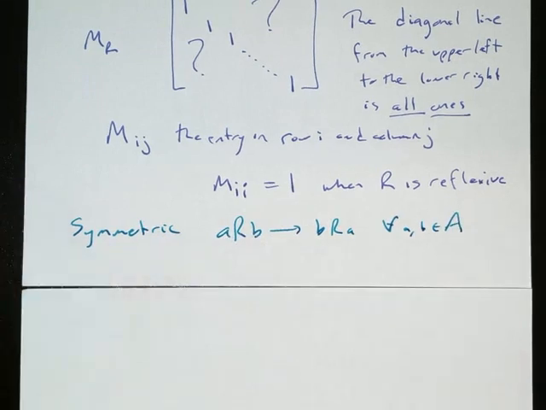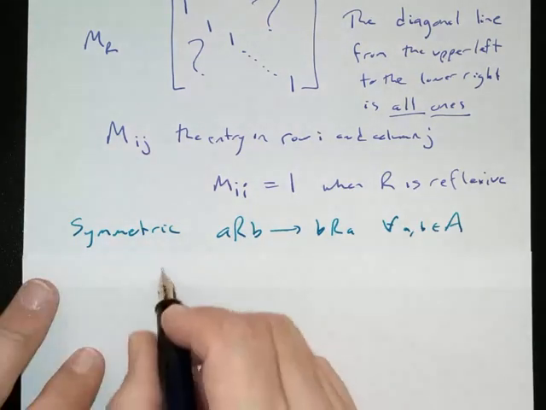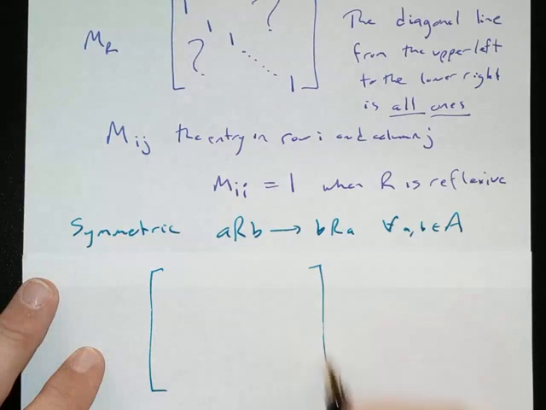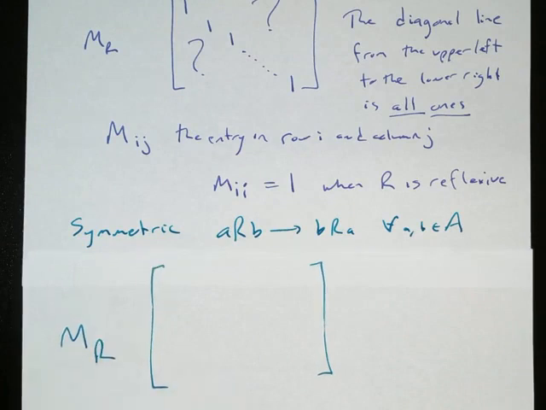And that's got to be true for every pair, right? So here's a matrix for the relation. Let's suppose that we have a symmetric relation. Somebody give me a row number and a column number.